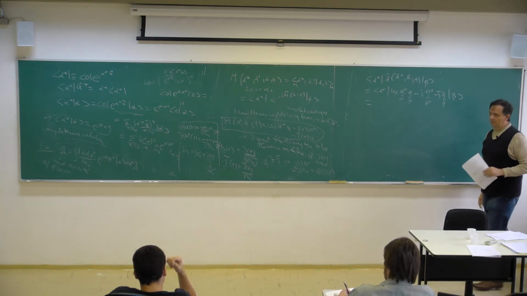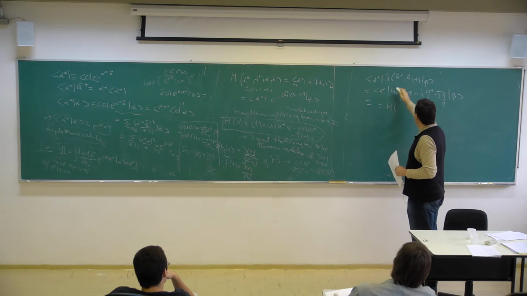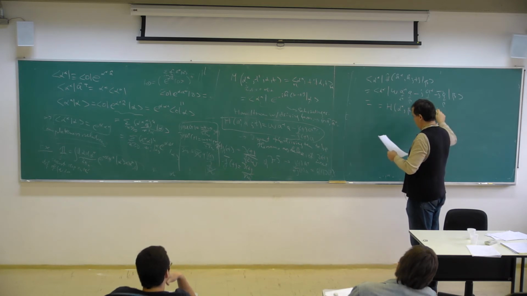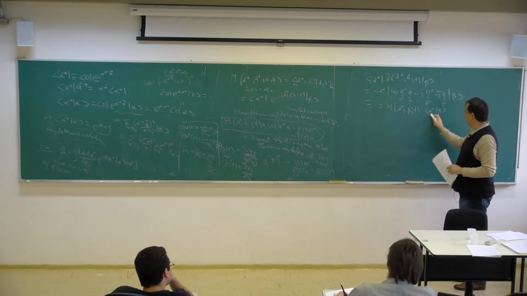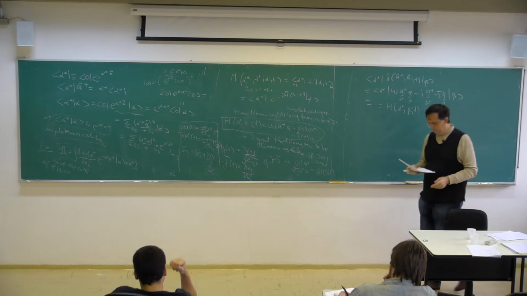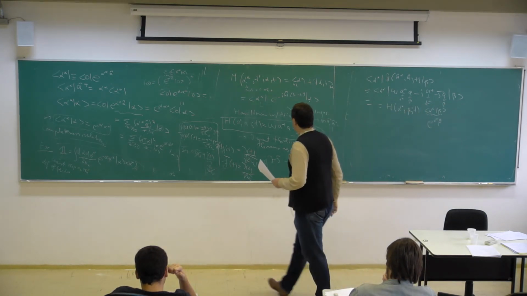So all in all, we obtain H, where I just replace a dagger with alpha star and a with beta, and then alpha star beta. And then moreover, this thing itself, we've calculated it to be e to the alpha star beta, right? Okay.